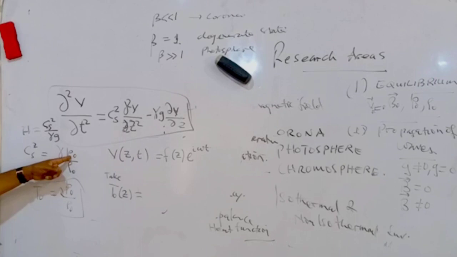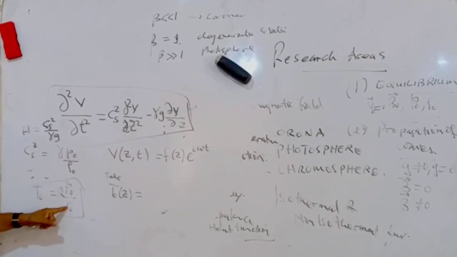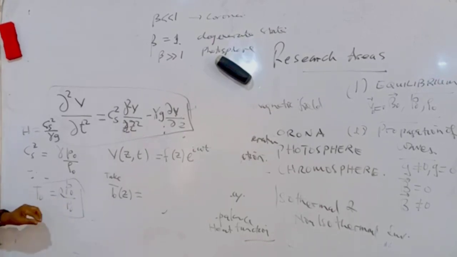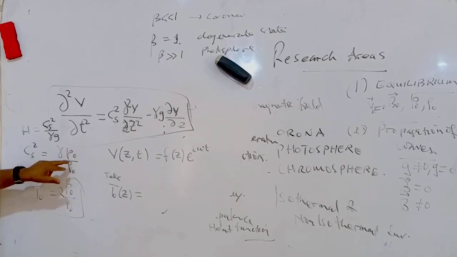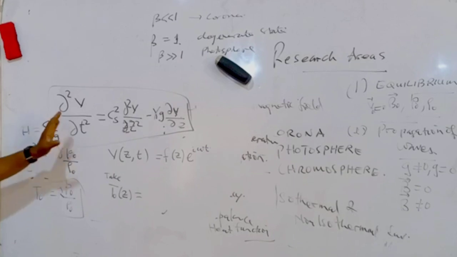Rho 0, P0 over rho 0 is given as what? T0 over R, is it not? So I can now put T0 over R in this equation, and the CS squared will not take that value.